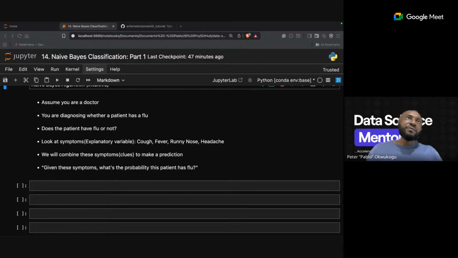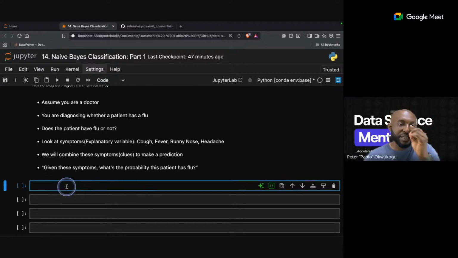Now, again, every machine learning algorithm has assumptions. So Naive Bayes has assumptions. A very good example is linear regression.